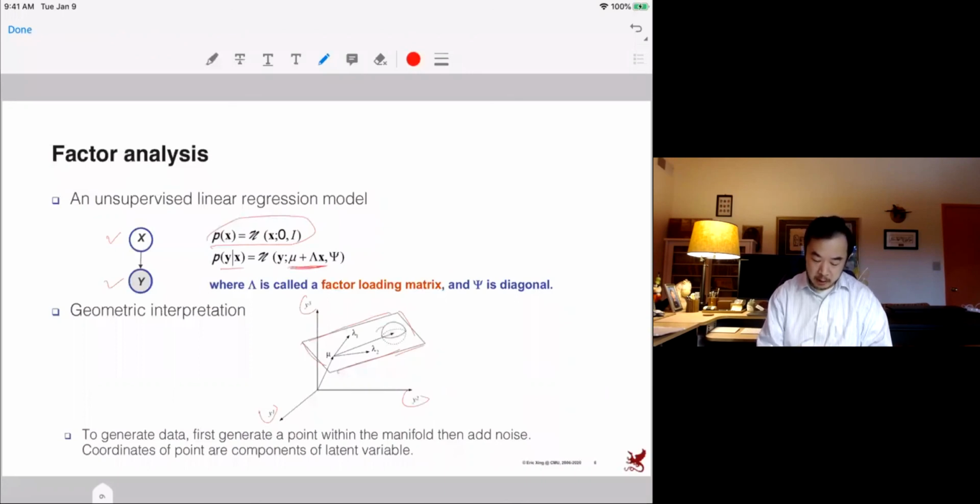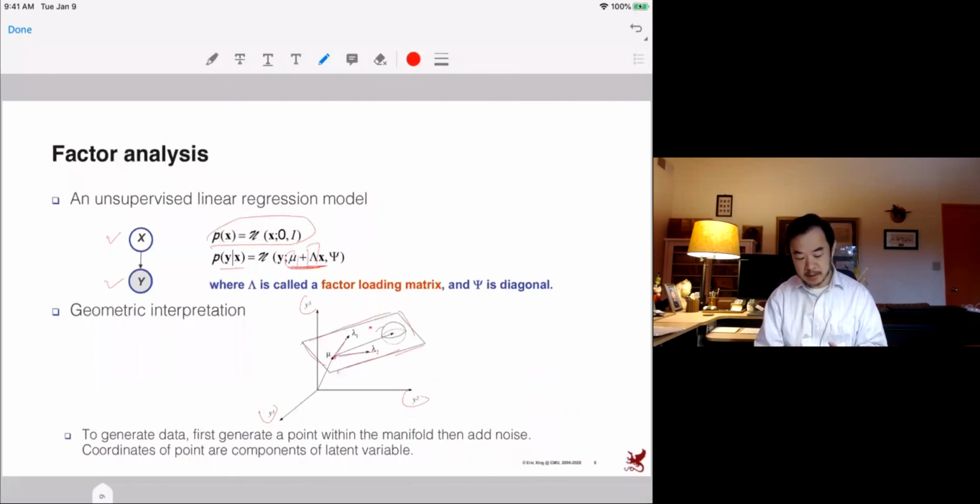Basically, x in the lower dimensional space, for example a point in here, which is defined by its 2-dimensional coordinate in the plane, gets now defined as a 3-dimensional point in the 3-dimensional space by left multiplying this loading matrix lambda. The lambda basically corresponds to the two vectors defining the subspace. You can imagine they are the eigenvectors in the PCA case. And then plus a mu, which is the center of the data in the low dimensional space.